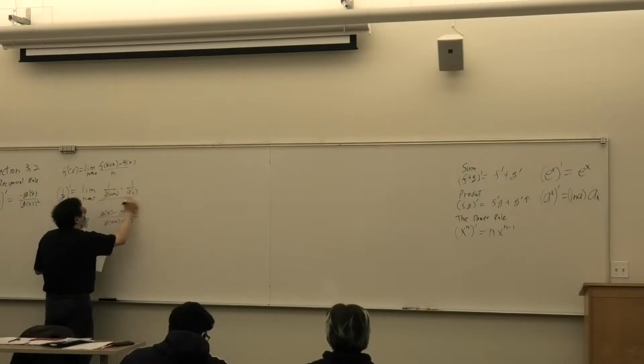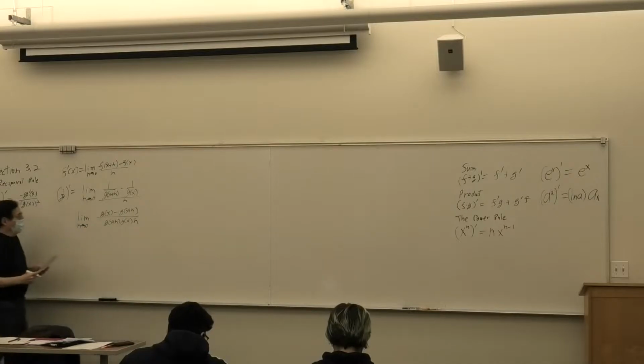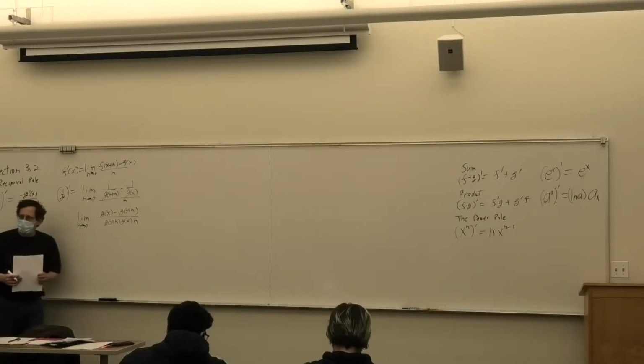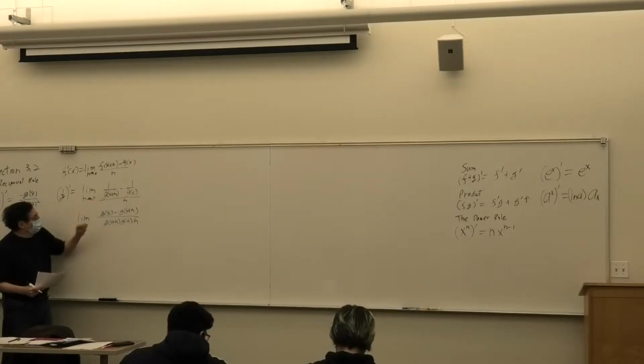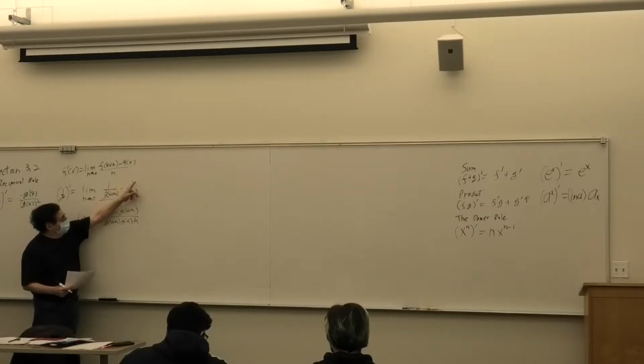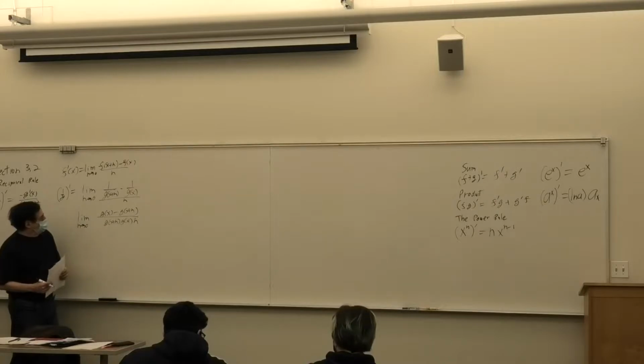Oh, sorry, I left out the h. That wasn't too quick what I did here. Just multiply this by g of x over g of x, and this by g of x plus h over g of x plus h. So that's my common denominator, and my h just stays there.